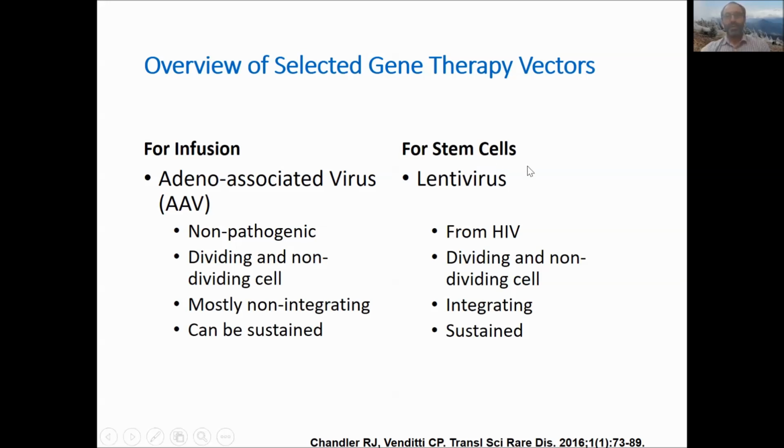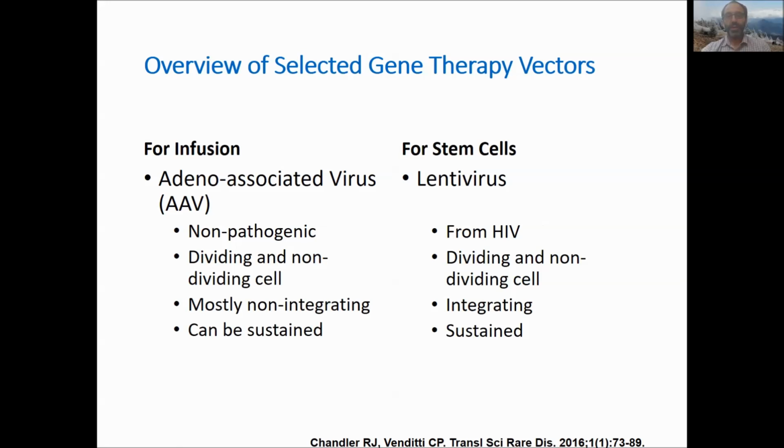For the stem cell approach, often a lentivirus is used to integrate in the stem cells, and then the cells are delivered. These are often derived from HIV, but the HIV is completely inactivated, so it can't cause disease.